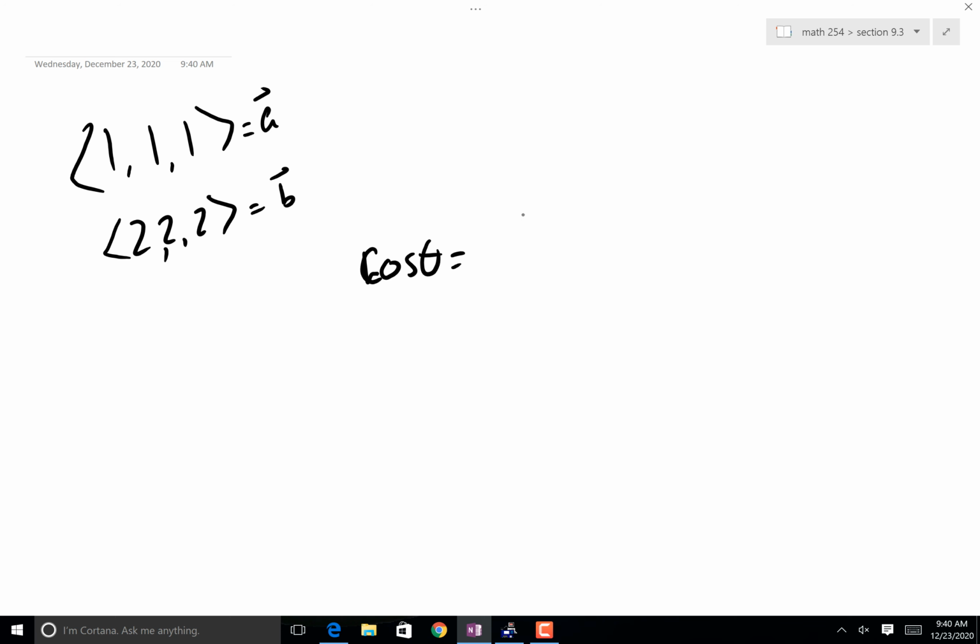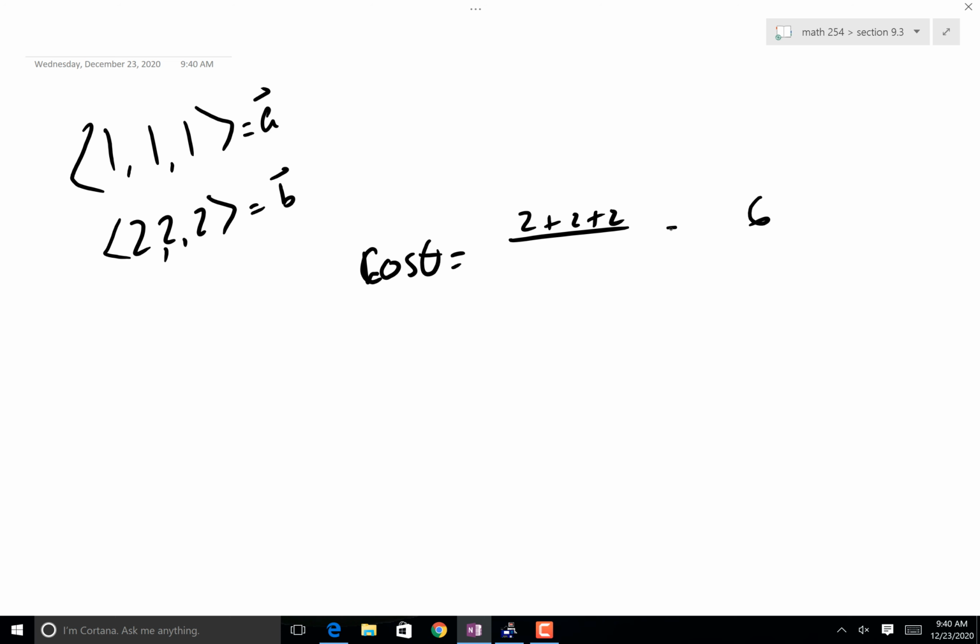How about this guy here? This one's too easy. No, I know, but just go with me on it. They're going the same direction. So the cosine of theta is going to be 2 plus 2 plus 2, which is 6.